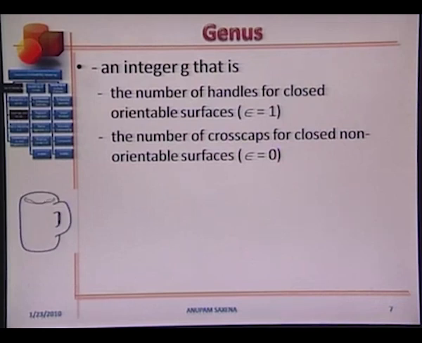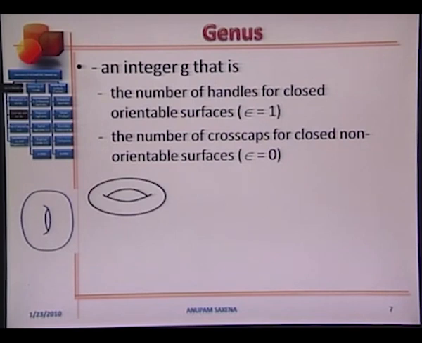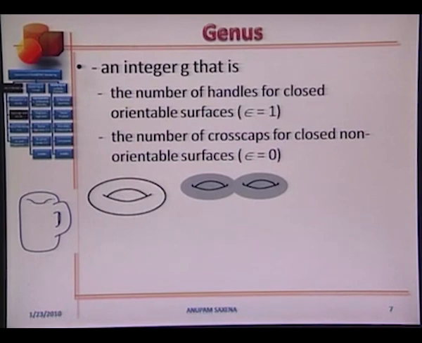Let's consider a few examples. This is the torus. And this is a doubly connected torus, or a connected sum of two tori. For a torus, the genus value is 1.